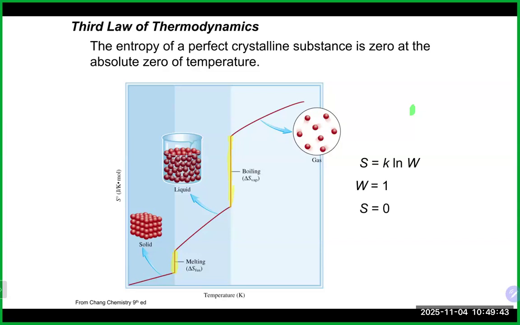By the way, when we do phase changes, as we talked about, we are increasing the entropy as we go this way. So again, our delta S is becoming more positive as we roll through our melting and boiling. This is almost like a heating curve, upside down, if you will.